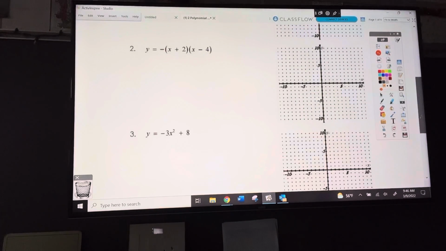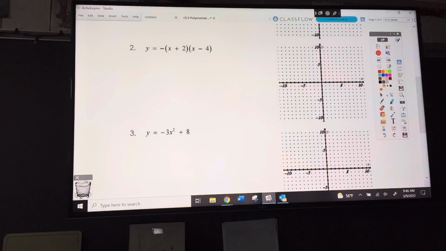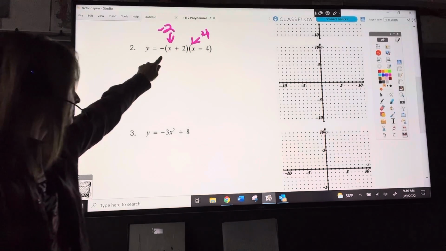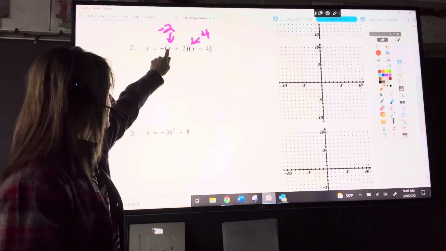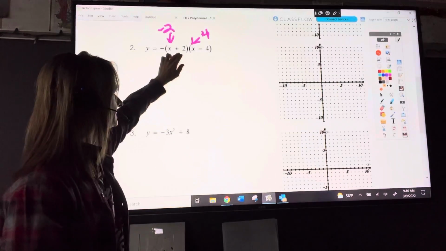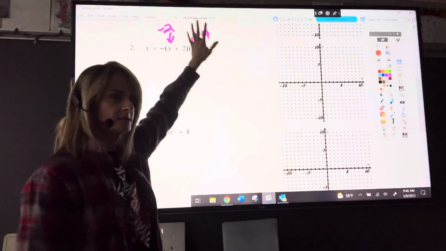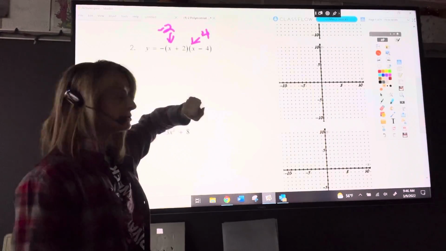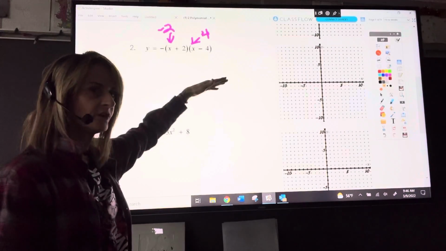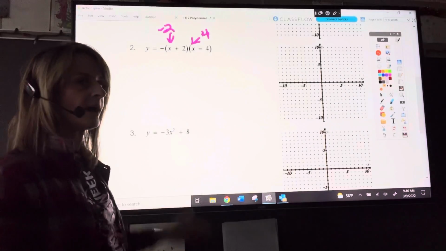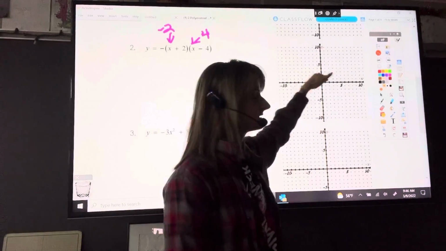All right, number 2 is in intercept form. The reason we call it intercept form is because we can immediately see what the intercepts are. The intercepts are at -2 and 4. If I were to plug in a -2 here, -2 plus 2 makes this parentheses equal to 0. 0 times anything is 0. So when I plug in -2 into this function for x, I get 0 for y, which makes it an x-intercept.